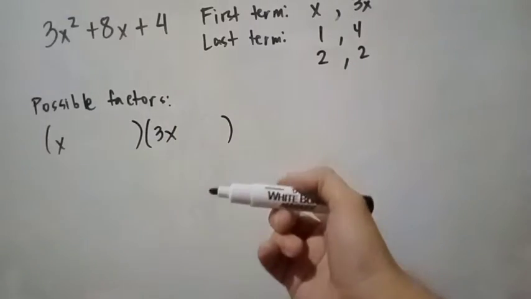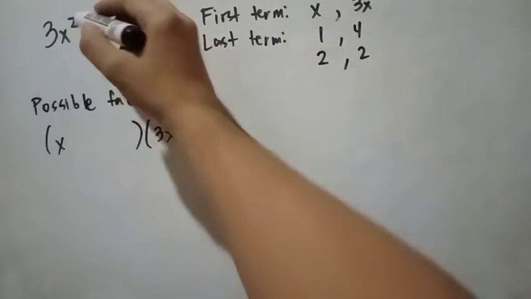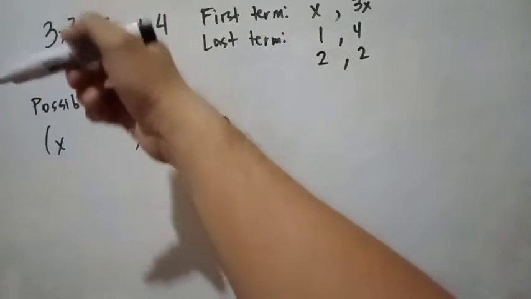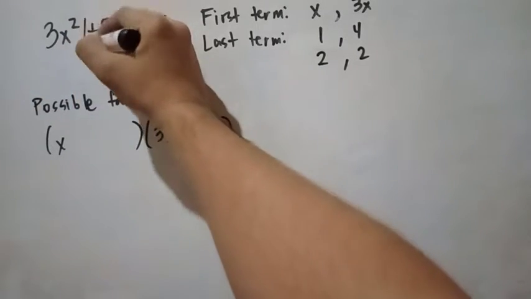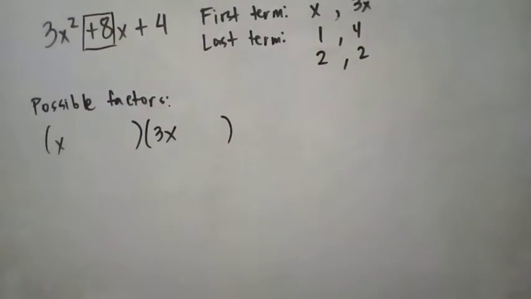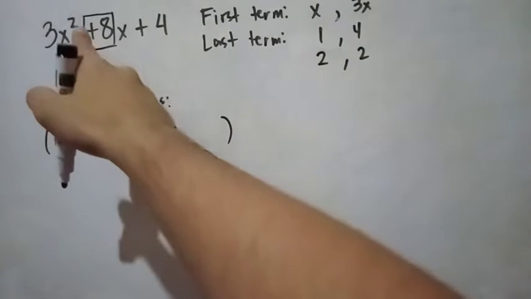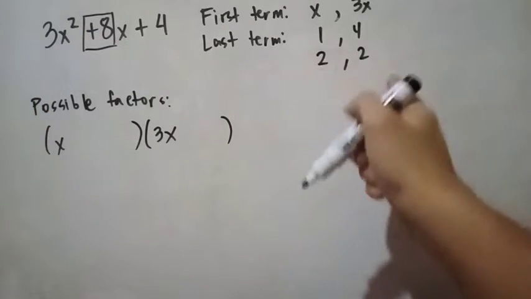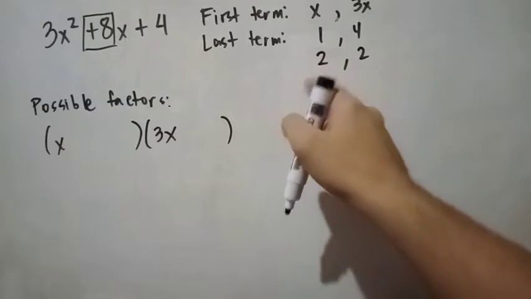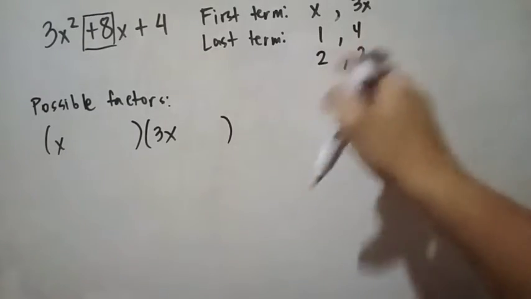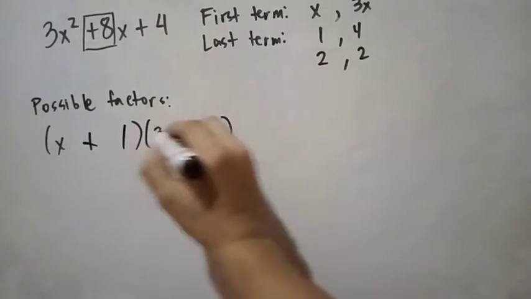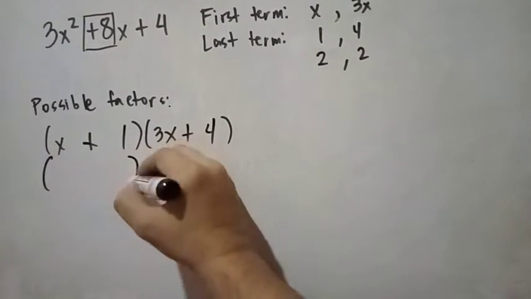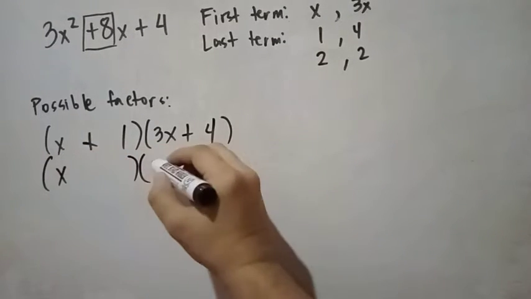And since yung sum natin, ano nga ulit yung sum nito? Yan yung numerical coefficient ng middle term, which is positive 8. Okay? So since the sign of the sum is positive, dapat positive parehas yan. Okay? So gamitin natin 1 tsaka 4. So plus 1 and plus 4. Tapos gawa pa tayo ng isa. x and 3x.